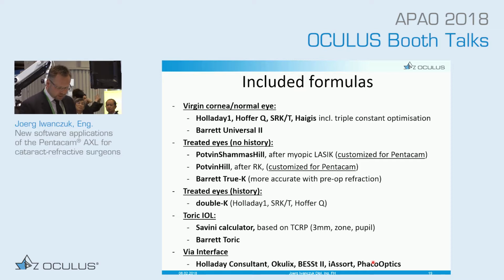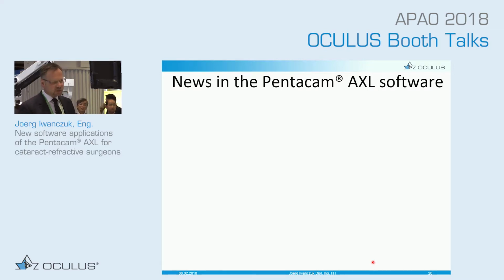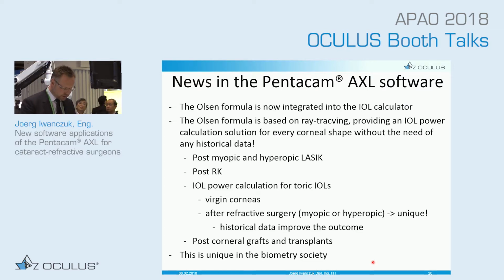What is new? Now we have the Olsen formula integrated into our IOL calculator. It's a ray tracing calculation. So it doesn't matter which shape the cornea has. You can do an IOL calculation for that. If it is myopic or hyperopic LASIK, if it is radial keratotomy, if it is a virgin eye, if you have any corneal grafts, if you have DSAEK, DMEK, it doesn't matter.